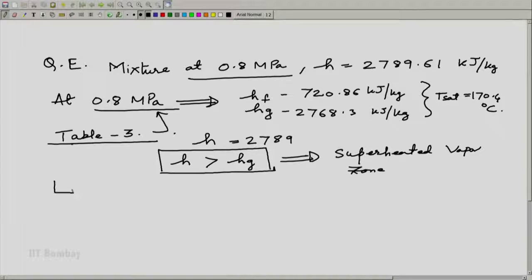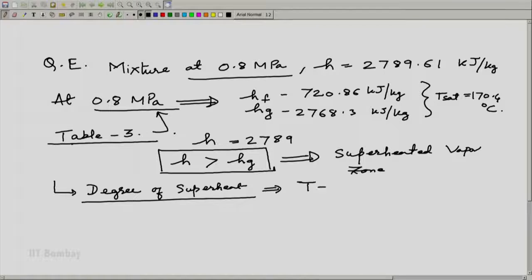Now, the question is the degree of superheat. Degree of superheat is nothing but the temperature of this mixture minus the Tsat value. Tsat we already know, Tsat is equal to 170.4 degree centigrade.